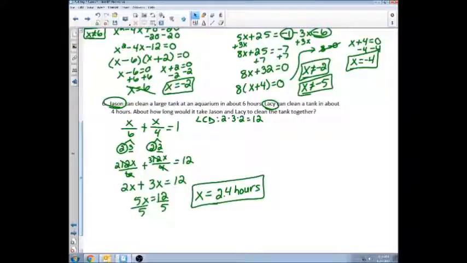If you ever are working through a story problem and you get an answer that is larger than the amount of time that the individual can work through the problem, or work through the scenario, then you have done something wrong, okay?